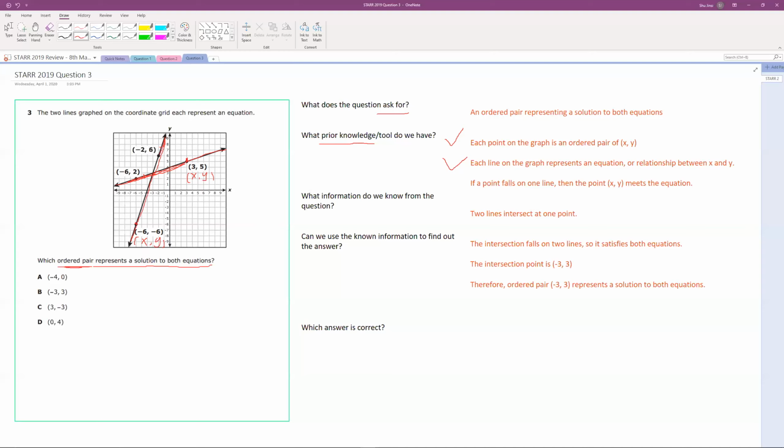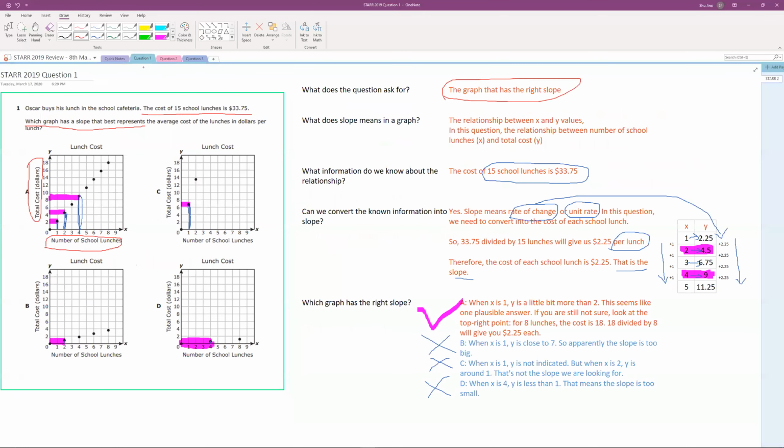If you're still not clear about this, let's take a look back at question 1 that we did on day 1. This question is about the number of school lunches and the total cost, right? So each point represents a relationship between the number of school lunches and the total cost.